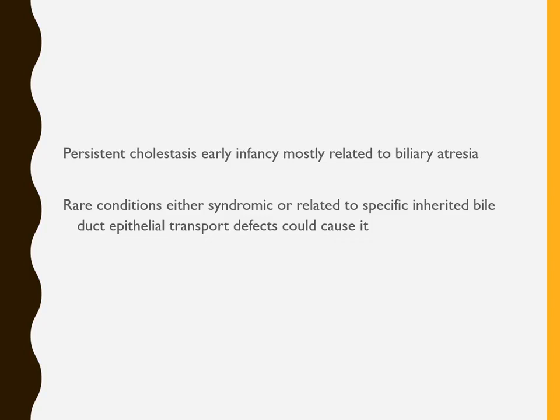Those patients should undergo the Kasai procedure, which is the hepatoportoenterostomy, to allow the bile to flow because of the atretic common bile duct. Other rare conditions, syndromic or related to specific inherited bile duct epithelial transport defects, could also cause persistent cholestasis during infancy.